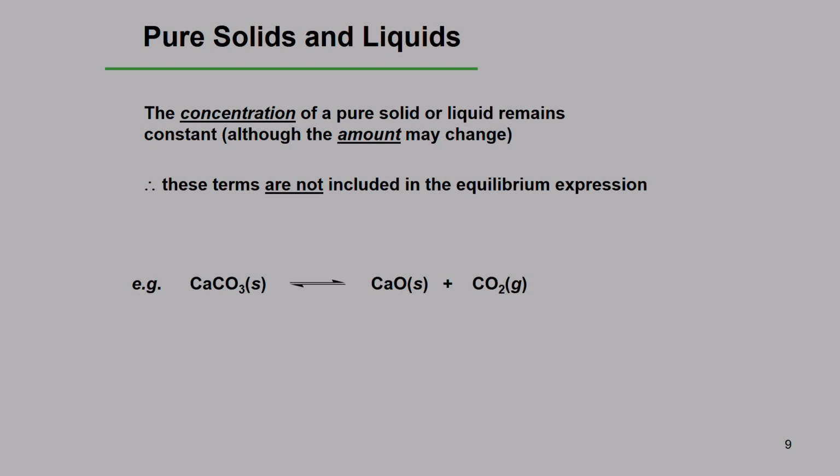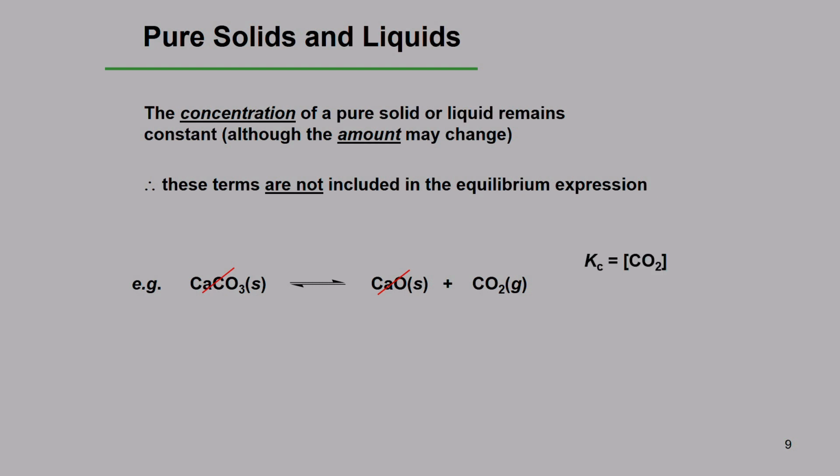So if we're trying to write the equilibrium constant of this reaction here, the reaction of calcium carbonate to produce calcium oxide and carbon dioxide, we don't include the concentrations of those two solids, the calcium carbonate and the calcium oxide. We only include the concentration of the carbon dioxide.